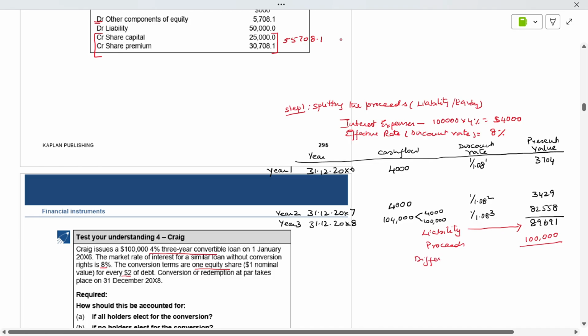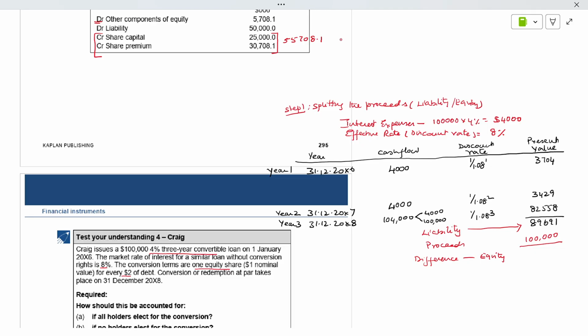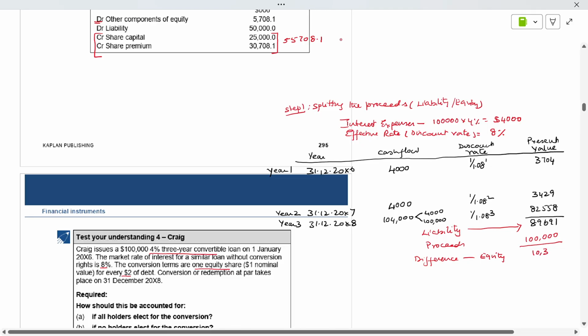That difference is going to be called the equity. How much is the difference? 10,309.